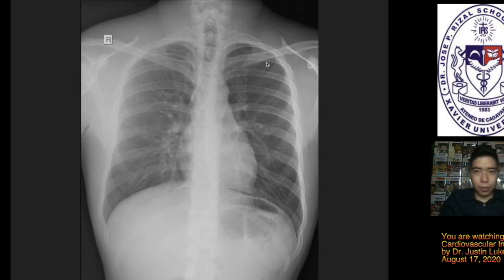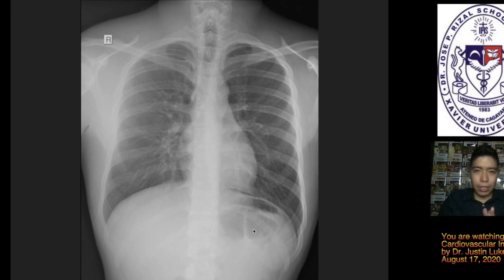If you recall, you also have to check if there is adequate inspiration. To check, you must be able to see 10 posterior ribs, ideally. So 1, 2, 3, 4, 5, 6, 7, 8, 9, 10. So this is an adequate radiograph.